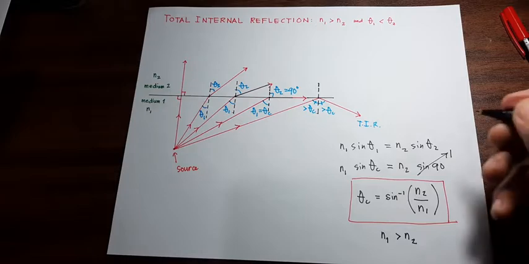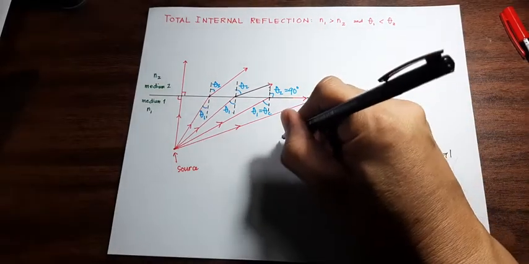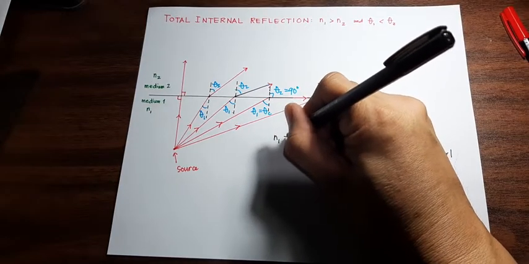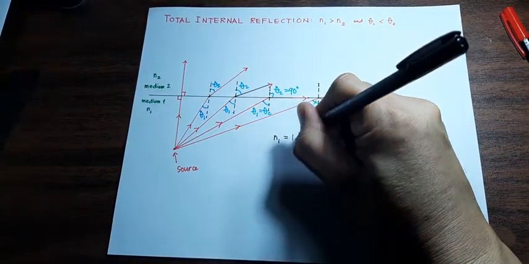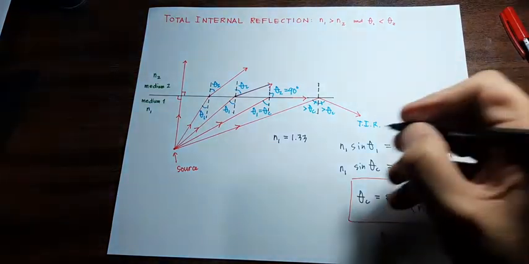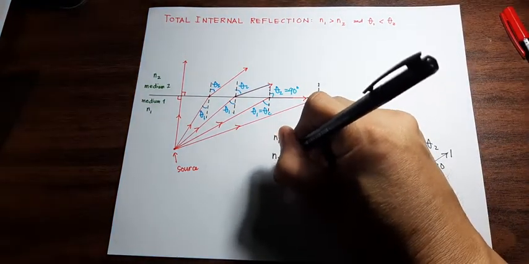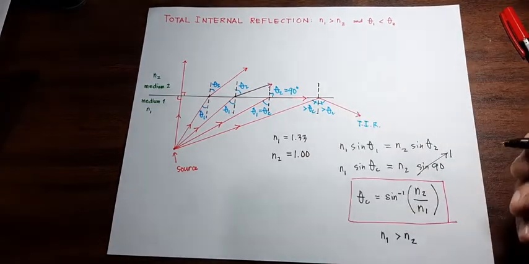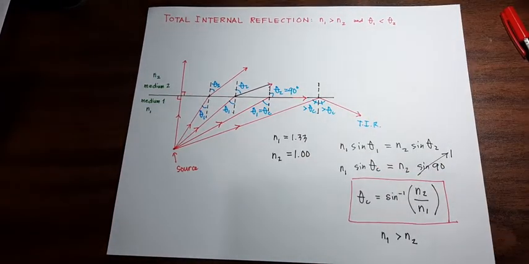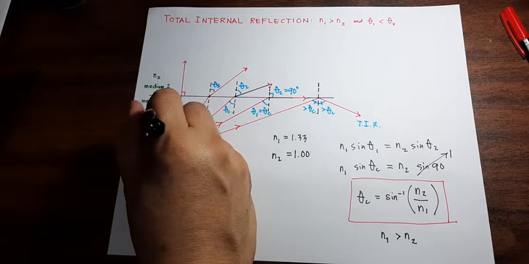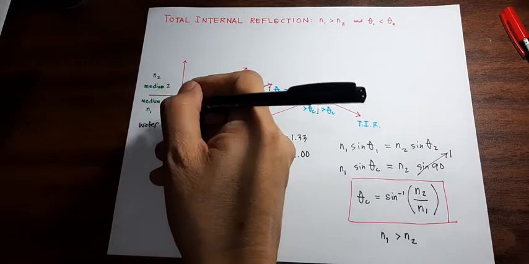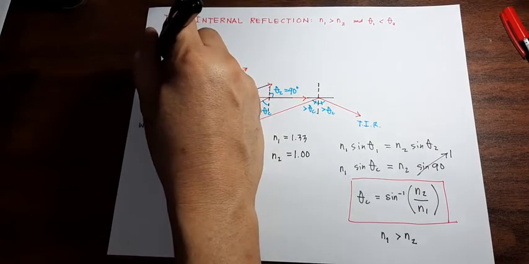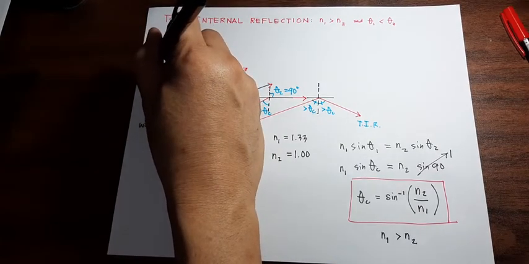As an example, let us say medium 1 is water. So n1 is 1.33 and n2 is 1.00. So let's say medium 1 is water and medium 2 is air.